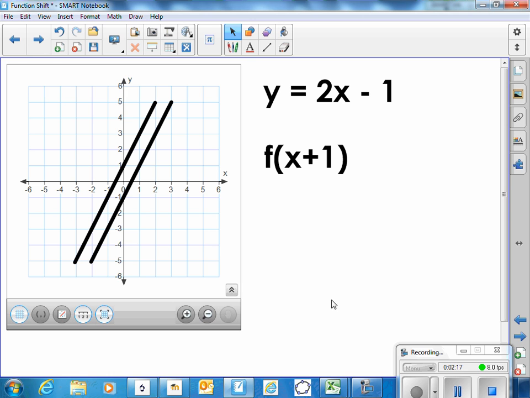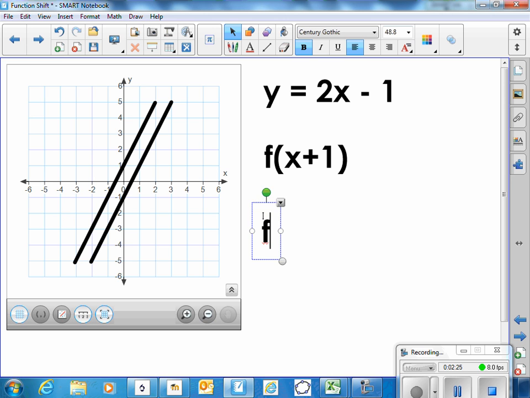So let's try f of x minus 2. If I put in an x of 1 and subtract 2, then it would be at the same place as when x was a negative 1.